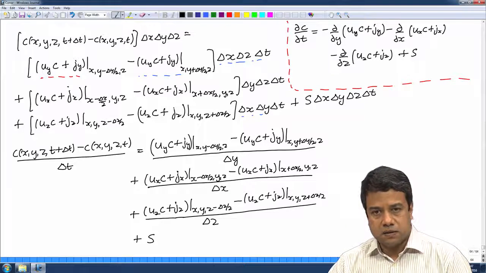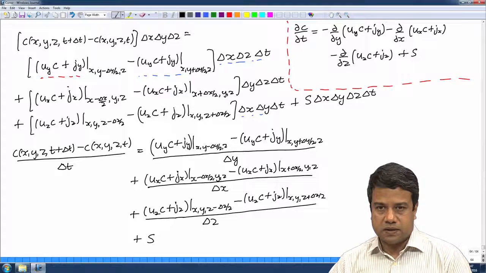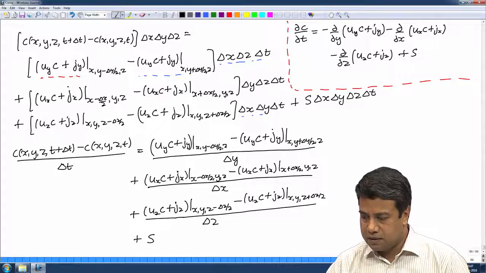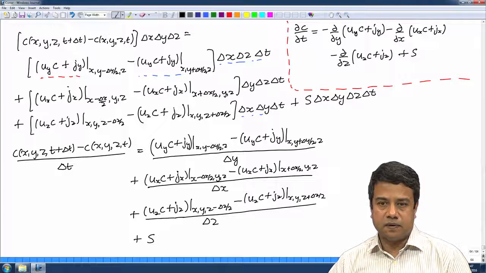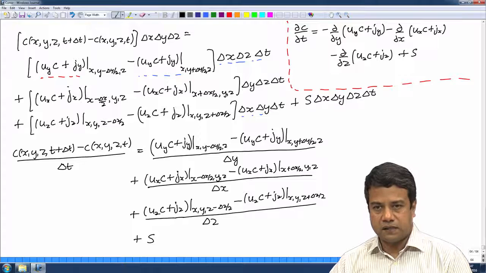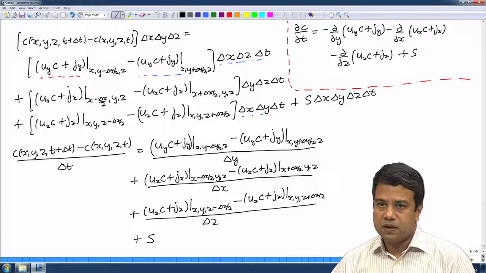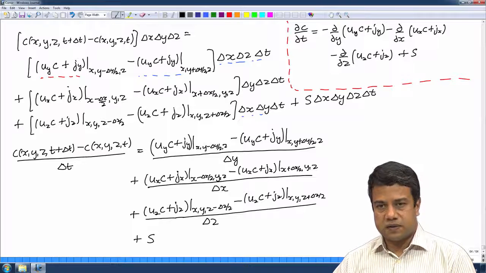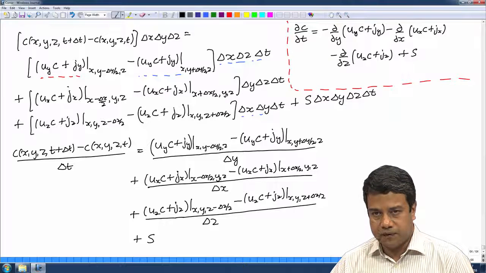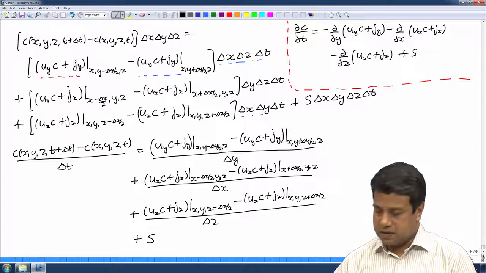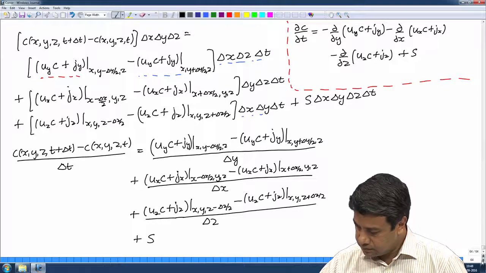So that is going to be the differential equation, the balance equation for the concentration field that includes both convection and diffusion: convective transport across surfaces due to the mean fluid flow as well as diffusion across surfaces due to the concentration variations.